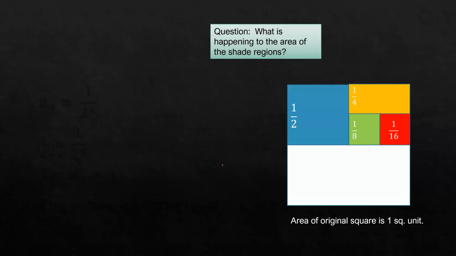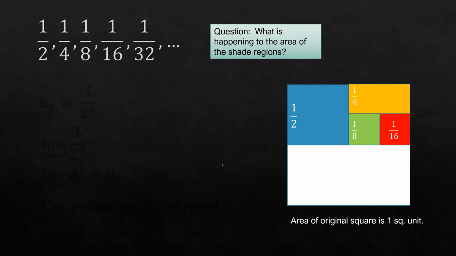So one question someone would ask is, what is happening to the area of the shaded region? Well, as you can see, it's going to get smaller and smaller and smaller, right? That's the process of taking half. Okay, so if we were tracking the areas of the regions, then we would have a sequence.